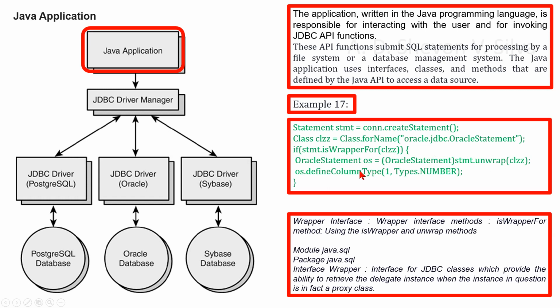This method should implement a low cost operation compared to calling the unwrap method. If the isWrapperFor method returns true, then calling the unwrap method with the same interface must succeed.